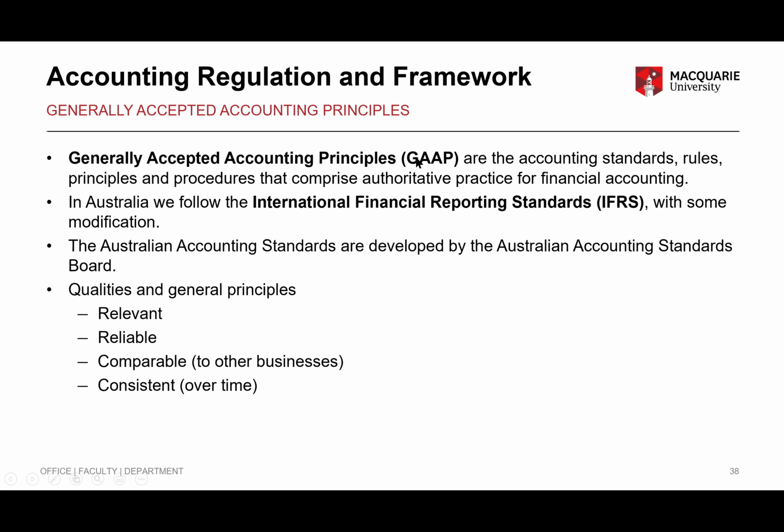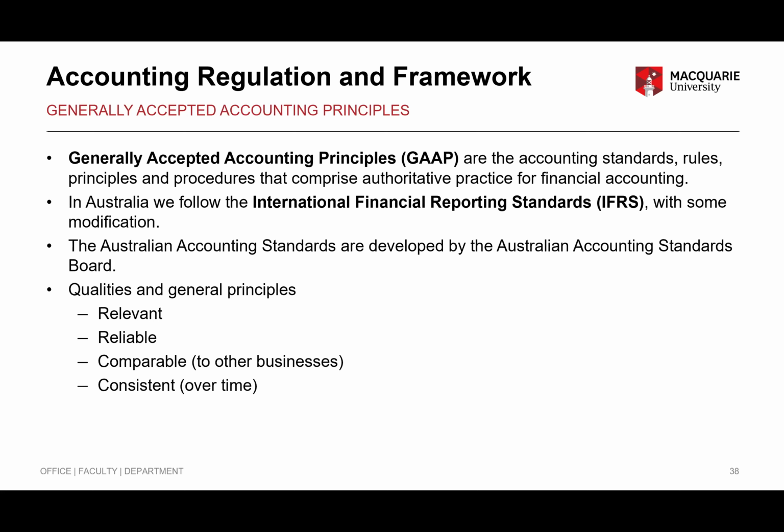Now, there are some differences between the US standards and IFRS. Generally the standards are the same, but there are just some minor differences here and there. There's a major difference in the way they're written, in that the US GAAP are what we call rules-based.